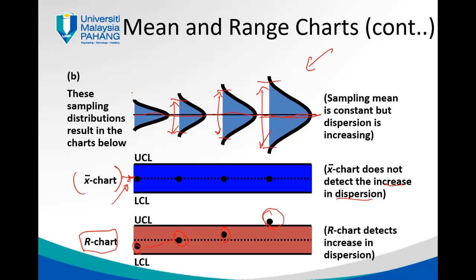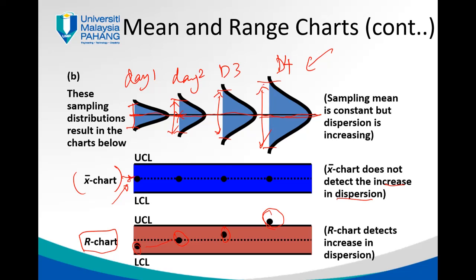For example, if this is the data during day 1, day 2, day 3 and day 4. For day 1, the range is quite good and the mean is also located at the correct place. On the second day, the mean is still at the required position, but the range is slightly dispersed.